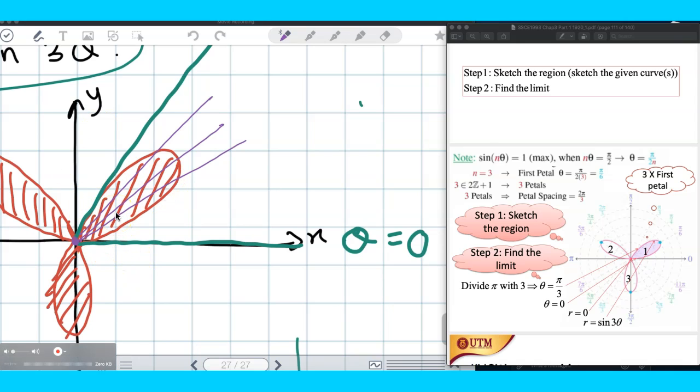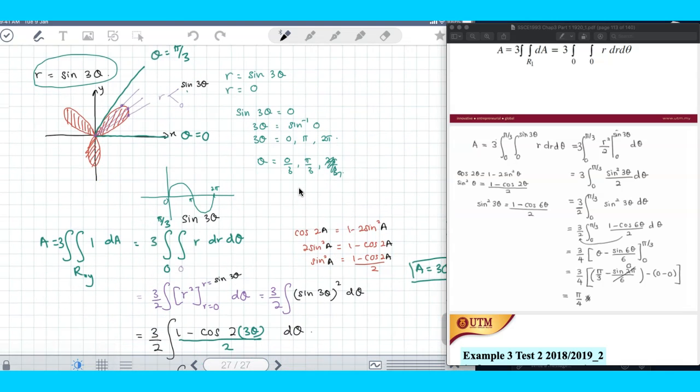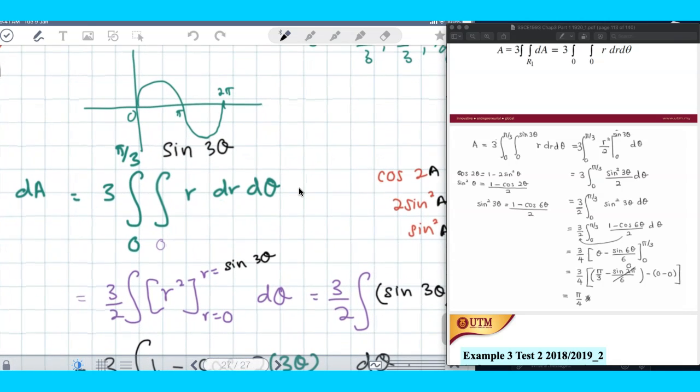As you can see, the r that you have are all starting from r equal to 0 and end up on this curve, which is sine 3 theta. So now we already obtained the limit of r and theta, then we substitute here.